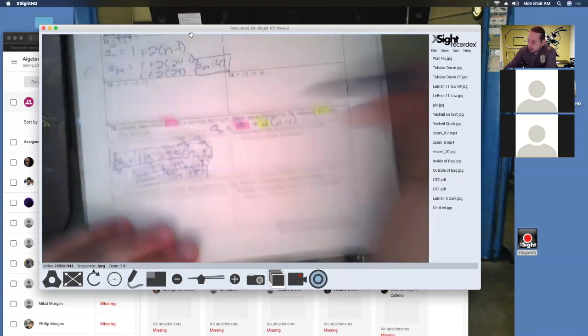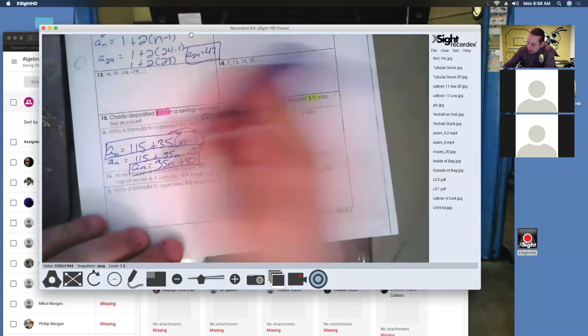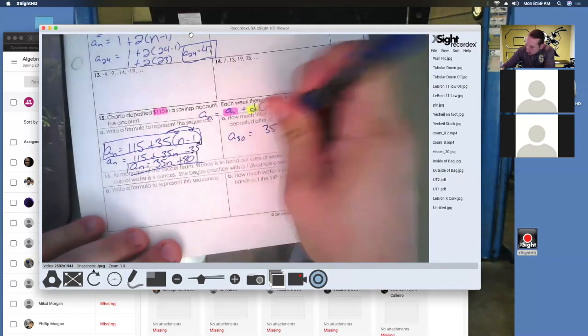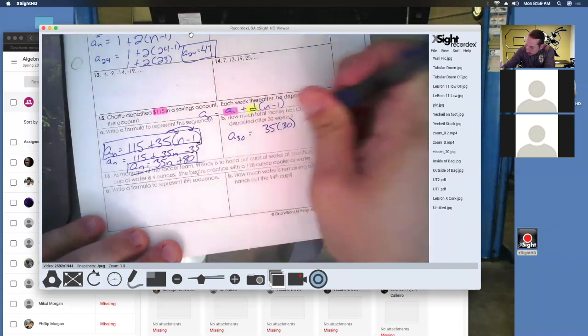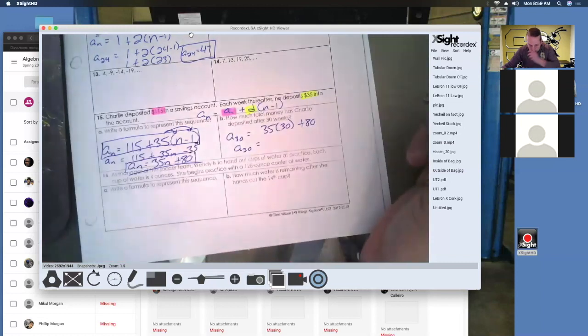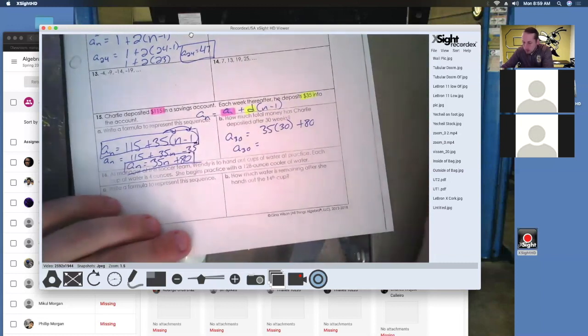So now, when it comes to this problem, all we do is take one of these equations. So let's take this one here, say 30. Then we'll do 35. We'll plug 30 in here, and then calculate that, which is 35 times 30.